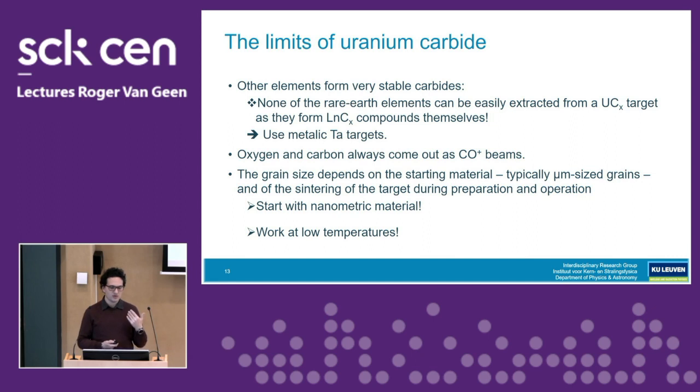And there, you face two solutions to go about that. You can start with nanometric material. 1 micrometer is already too big. Let's go to 100 nanometers, 50 nanometers, 20 nanometers. Anything better? If you just keep going smaller, it should go better, right? It scales like 1 over the grain size. And if you don't want sintering, work at low temperature. That's easy.